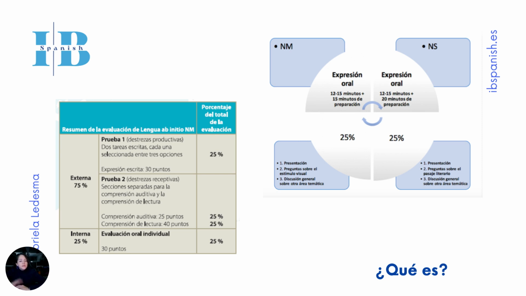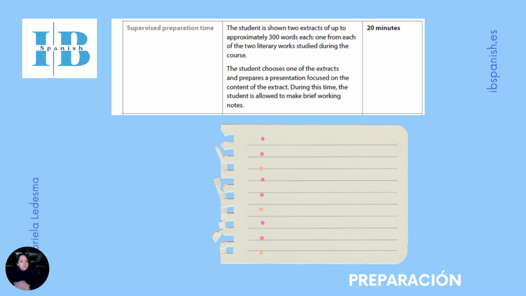You will be given one extract for each book. Each extract of the book has around 300 words, and with that, you will start preparing your monologue, your presentation. Once you have chosen one of these texts, you will start taking notes and preparing for your monologue. You have 20 minutes and around 10 bullet points to organize your presentation.